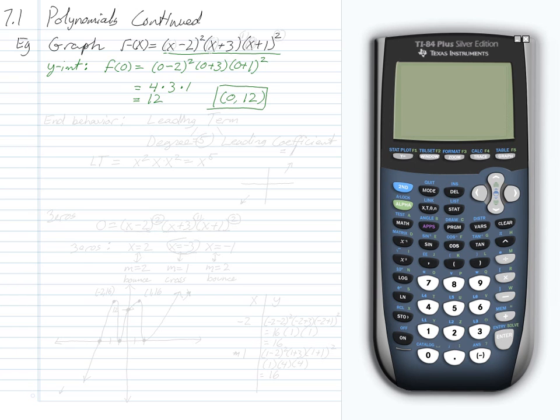Okay. Now the second thing that we would like to do is determine the end behavior. And in order to do that, I need to know what is happening with the leading term. Remember, the leading term is where I will figure out what the leading coefficient is and what the degree is.